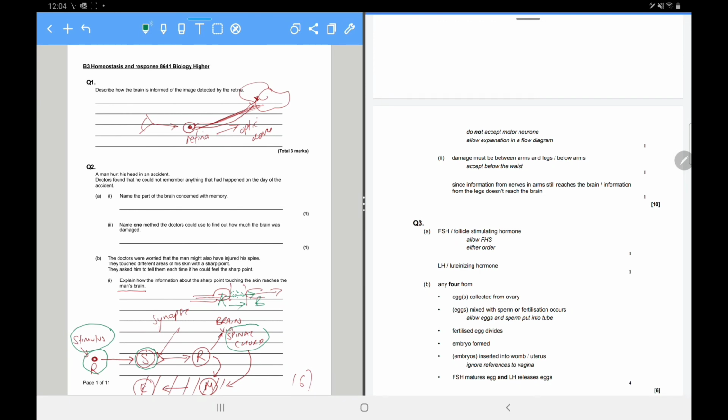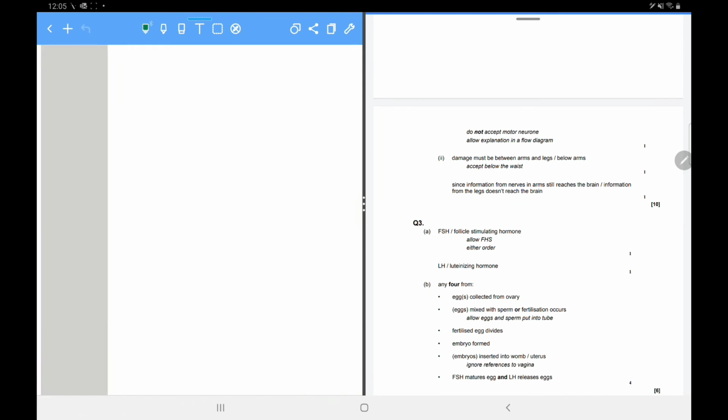I didn't fluff out what I know about sensory neurons and receptors to try and get the 6. I went into a little more detail. Of course, I talked about a receptor transferring the stimulus into an electrical signal, which wasn't mentioned, but that's good stuff. And I went into a bit more detail about the neurotransmitter. That's good stuff, because it might well be that you do need that detail in your exam.